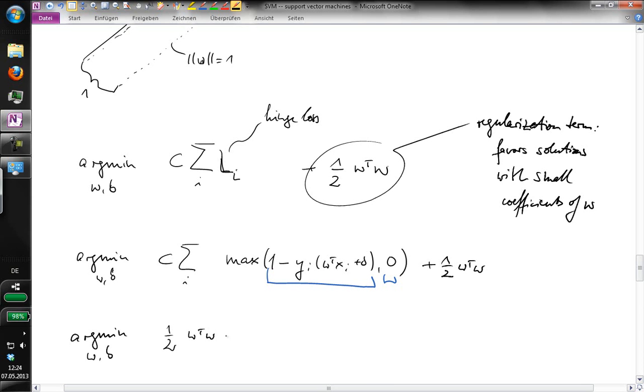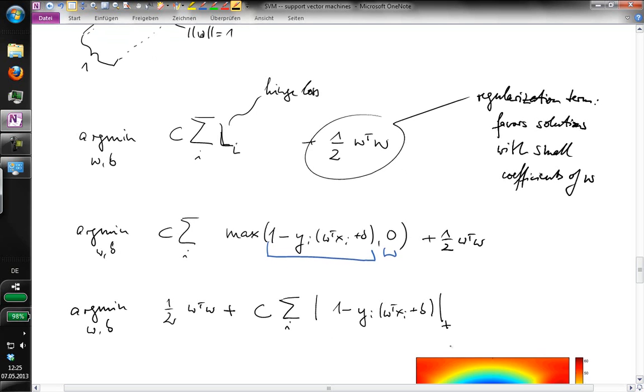I'm rewriting this in another form, which is very common for support vector machines. So it means we only consider the positive part.